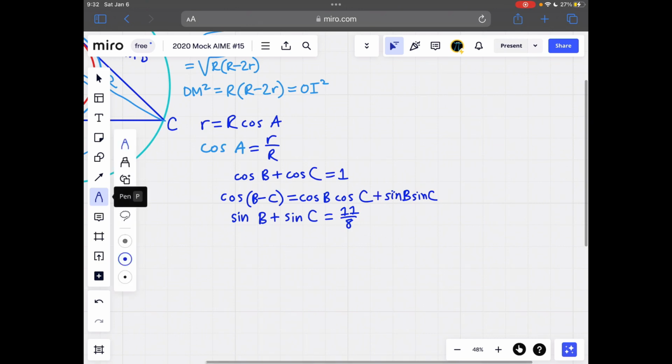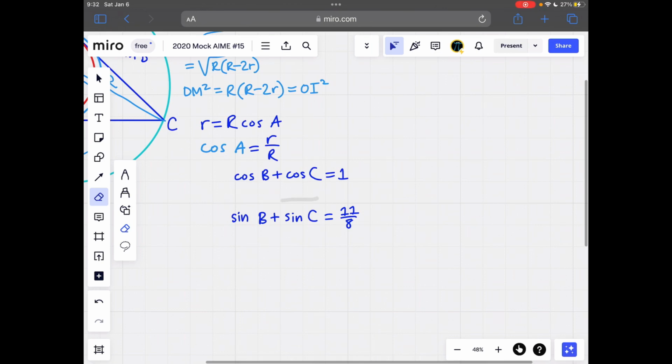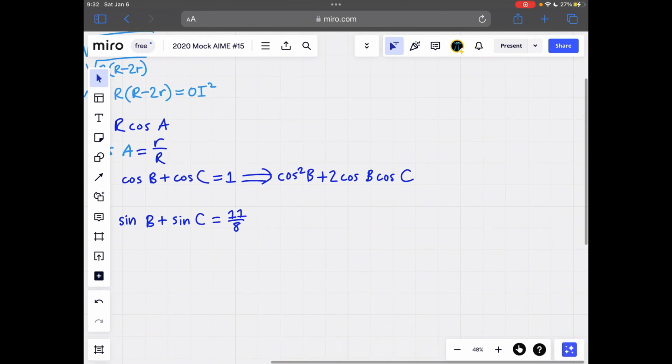Now this cosine B cosine C and sine B sine C, they look a lot like what you would get if you squared these two equations. They give you a 2 cosine B cosine C and 2 sine B sine C somewhere if you squared both of these. So let's do that. If you square this, you get cosine squared B plus 2 cosine B cosine C. Now you can see what we want forming.